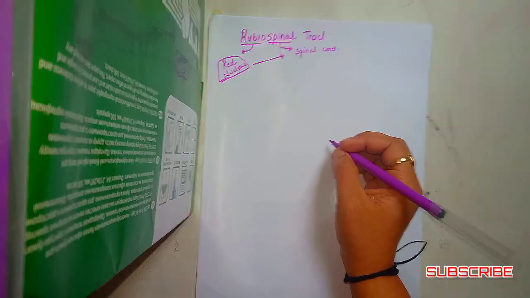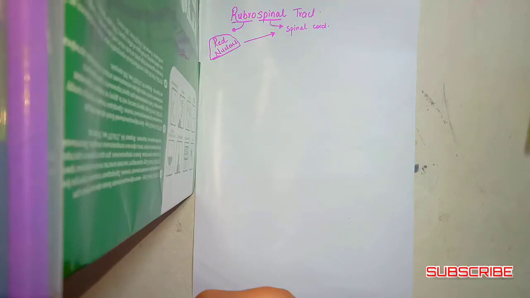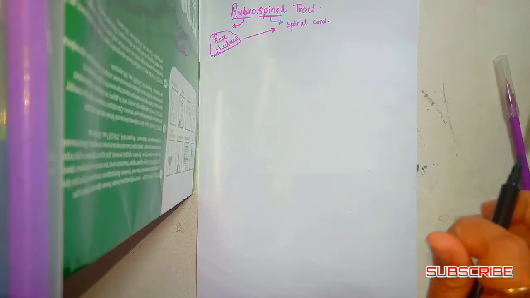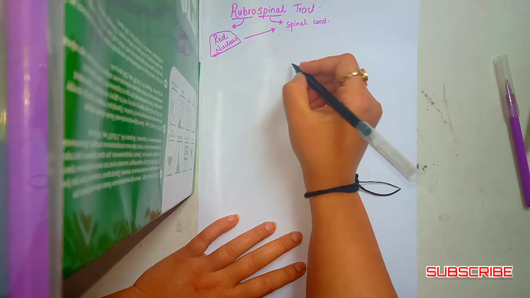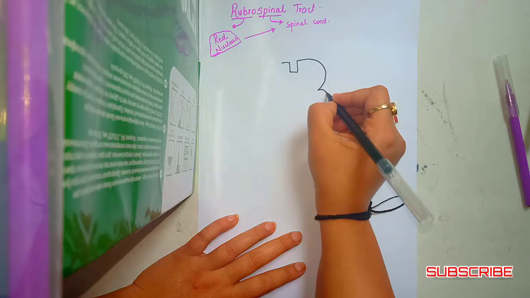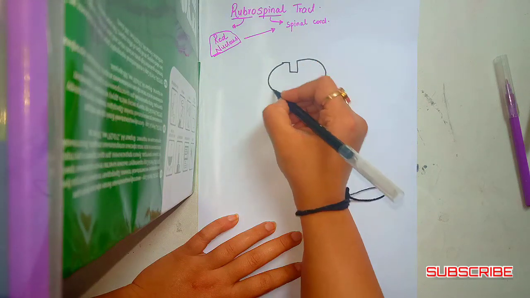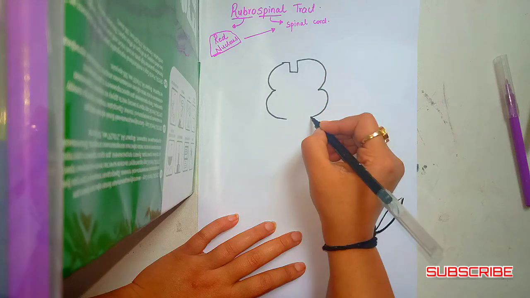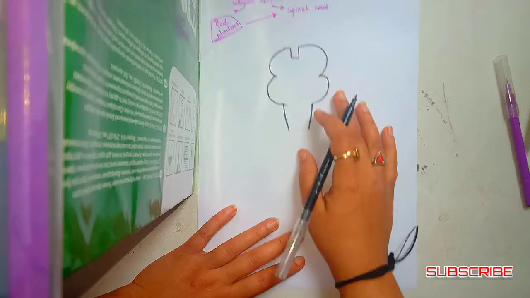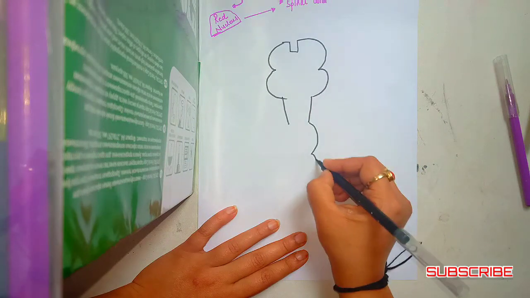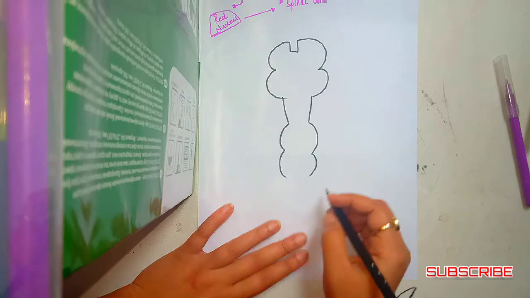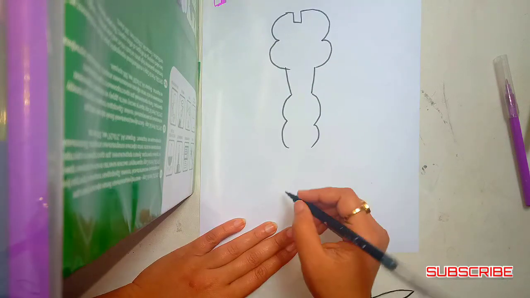Okay, so here we will draw a diagram. What is this? Cerebrum. Okay, then this is midbrain. Okay, this is pons, medulla. This one is medulla, and here I will draw a spinal cord.